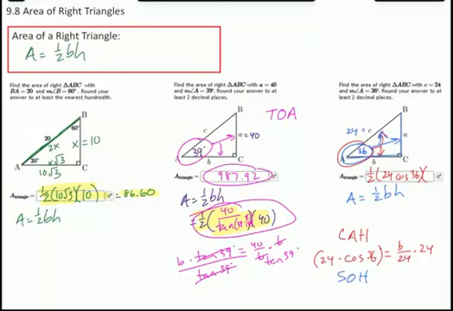Opposite and hypotenuse are related by sine. So the sine of 36 is equal to A over 24, multiplied by 24. Here's your A value. That goes right here, 24 times sine of 36 degrees. And so that would be your calculation. Turn it into radians, and that would be your answer.